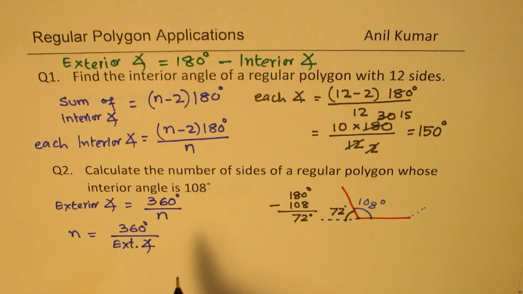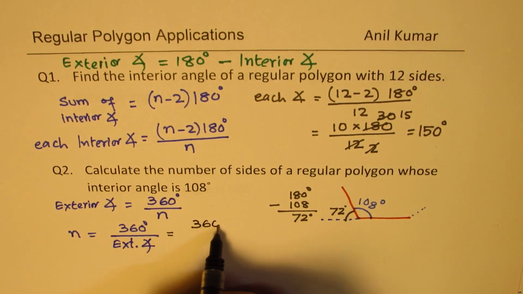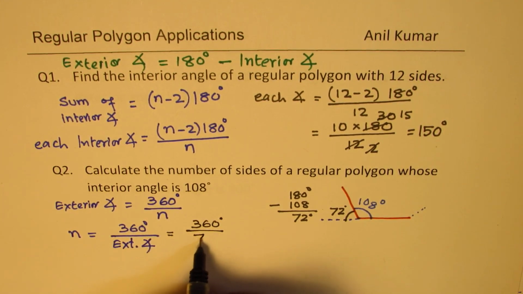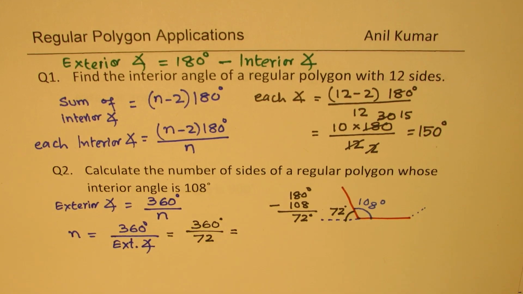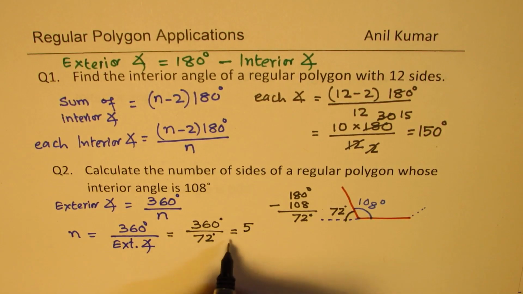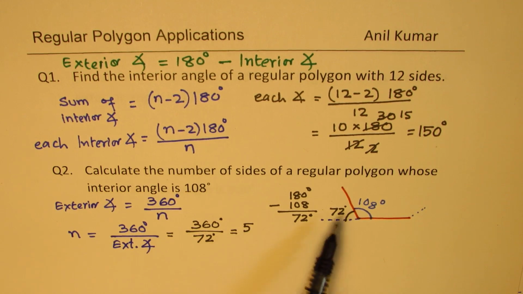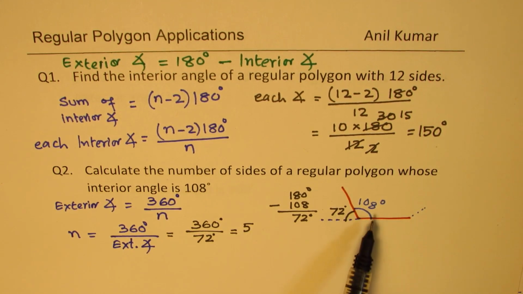So to find n, I will divide 360 degrees by 72 degrees, and that goes 5 times. So my n is 5. So do you see that? I've used the exterior angle formula when we were given the interior angle, and that is much faster. You get the idea, right?